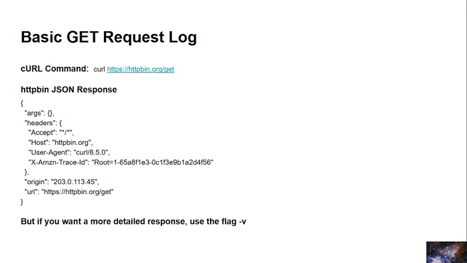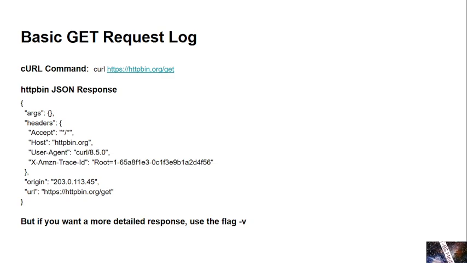And when you send this GET request, you can see what we have done here: curl, then the URL /get. And this will be the httpbin server response in JSON format.